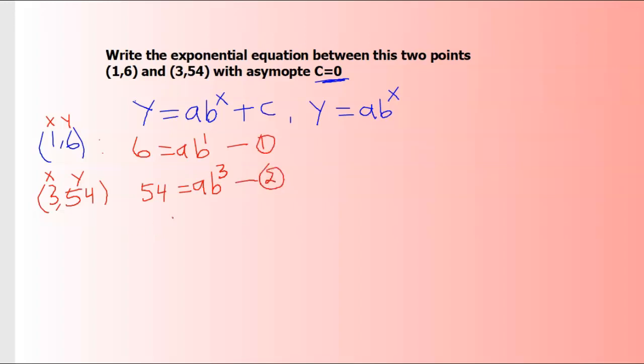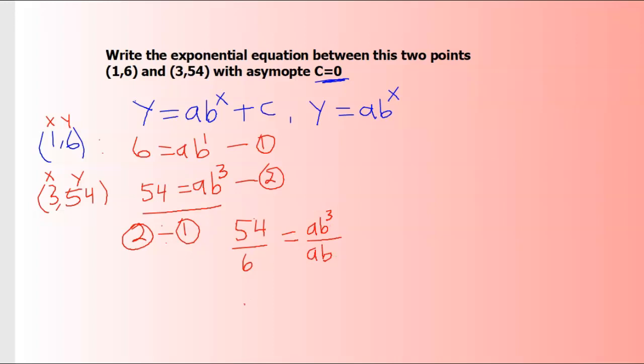We want our a and we want our b. So what we are going to do is divide equation 2 by equation 1. I'm writing this one first. So here 54 divided by 6, and then a b cubed divided by a b. Also, b to the power 1 is the same as just b.